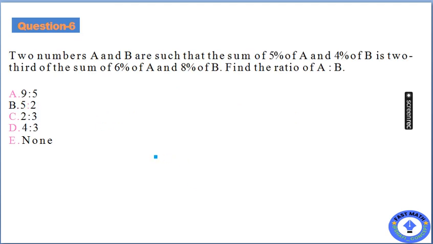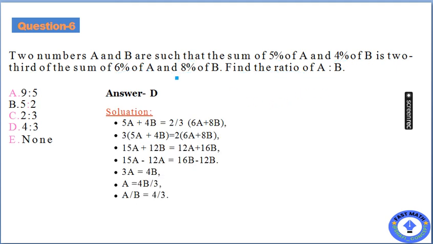Coming to the 6th one, there are two numbers A and B such that the sum of 5% of A and 4% of B is 2/3 of the sum of 6% of A and 8% of B. Find the ratio of A and B. In this problem, the sum of 5% of A, just write it as 5A, and 4% of B, it is 4B.